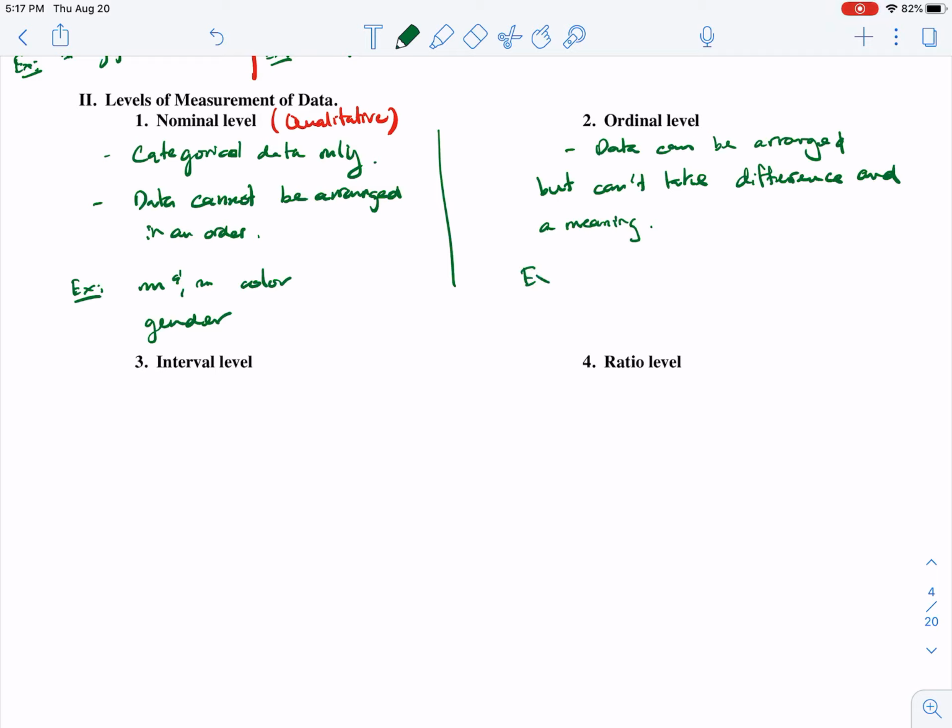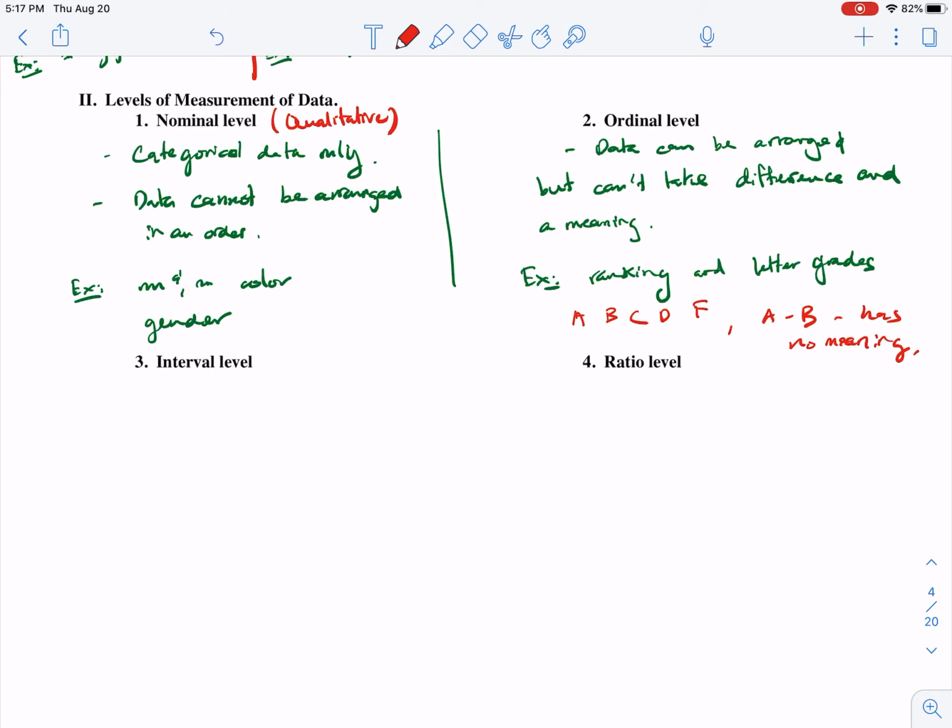An example would be ranking and letter grades. We can arrange A, B, C, D, F, but we can't just say, what is the difference between A and B? It has no meaning, because these are letter grades. We can't find a difference, and we can't make sense of it.